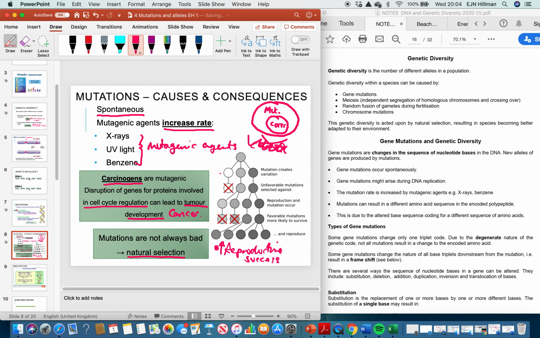So mutations are responsible for variation. All the variation we see within a population is caused by different alleles, and those alleles are produced by mutations. Any unfavourable mutations that cause an allele which is detrimental to the health of that individual lowers their reproductive success, and those tend to be selected against. Selected against means they stop existing in the population.